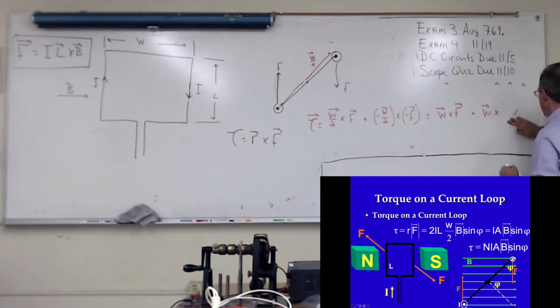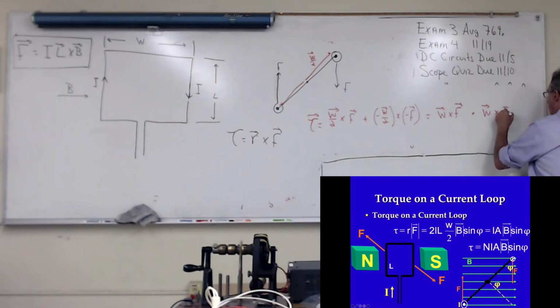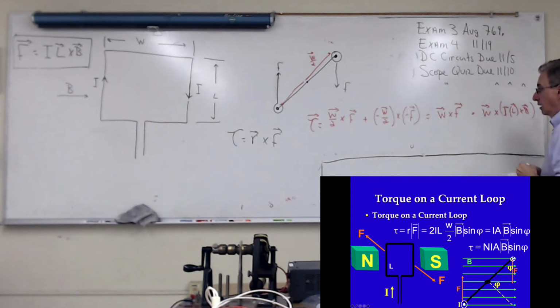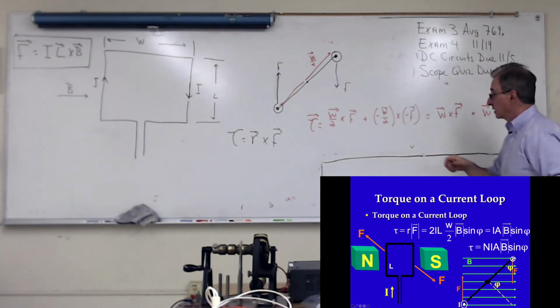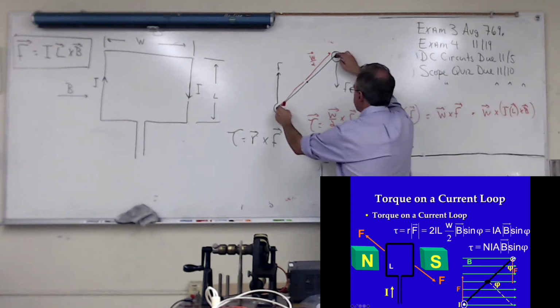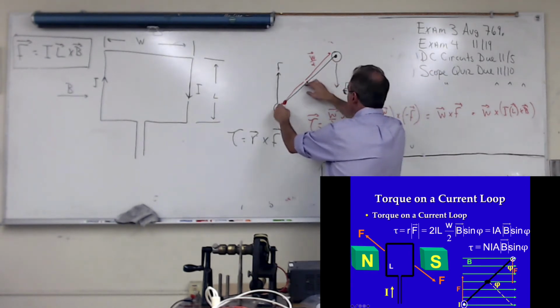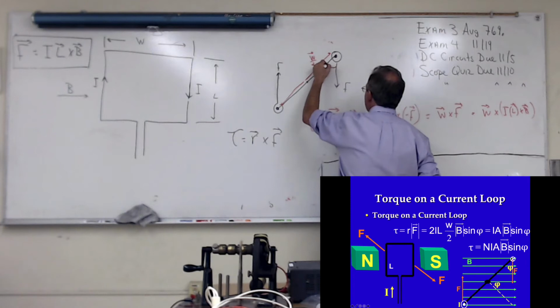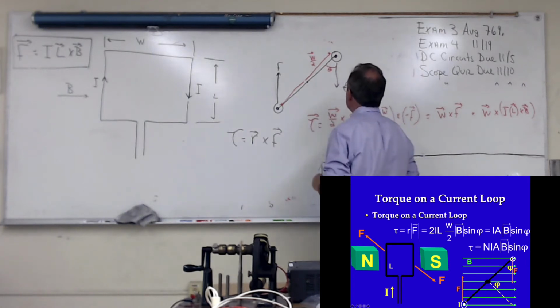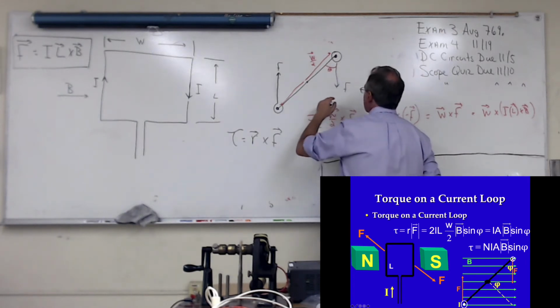Right, Professor? For your R being the W vector over 2, you're just taking the component that's perpendicular to the force, right? Well, this is W, right? This is W over 2. But yeah, that's what I'm going to do in a second. The component perpendicular to the force is what?